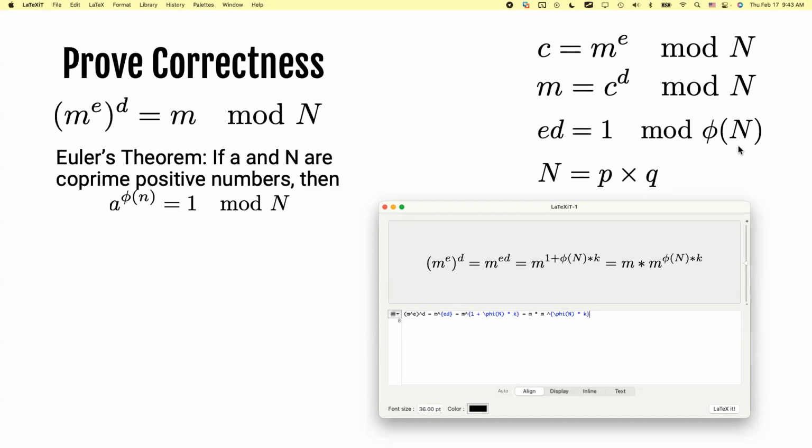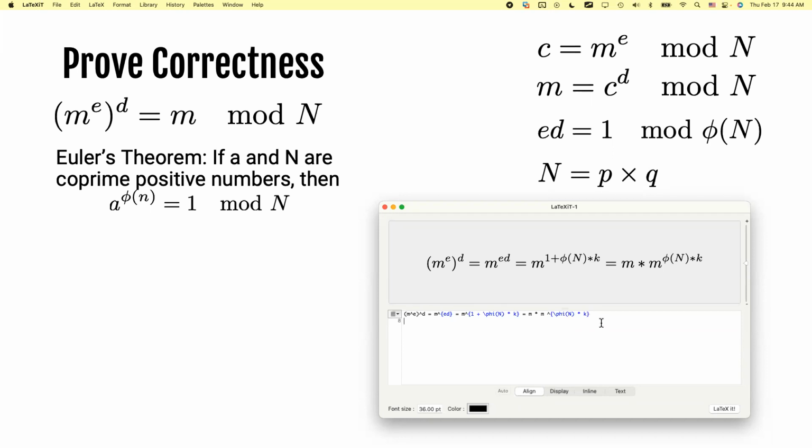It means ed is 1 plus some multiple of phi of n. For example, 5 is equal to 1 mod 2. It means that if we divide 5 by 2, we have the remainder of 1. But it doesn't mean that 5 is equal to 1 plus 2. So 5 is equal to some multiple of 2 and then plus 1. That's why we put this k here to denote the multiplier.